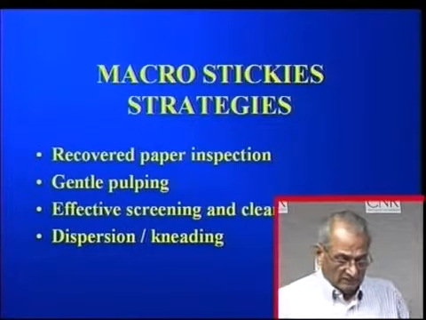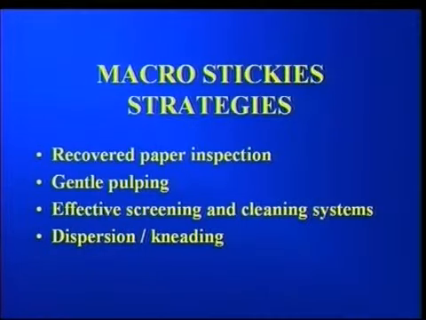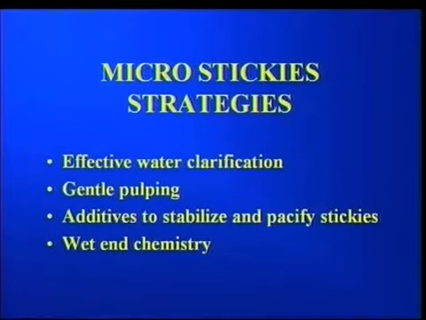So in general, strategies for macro stickies include proper screening and cleaning after gentle pulping and proper selection of the raw material. And strategies for micro stickies include, of course, gentle pulping, effective water clarification, and finally additives to stabilize the stickies, and proper selection of the wet end chemicals so that they don't end up agglomerating micro stickies.